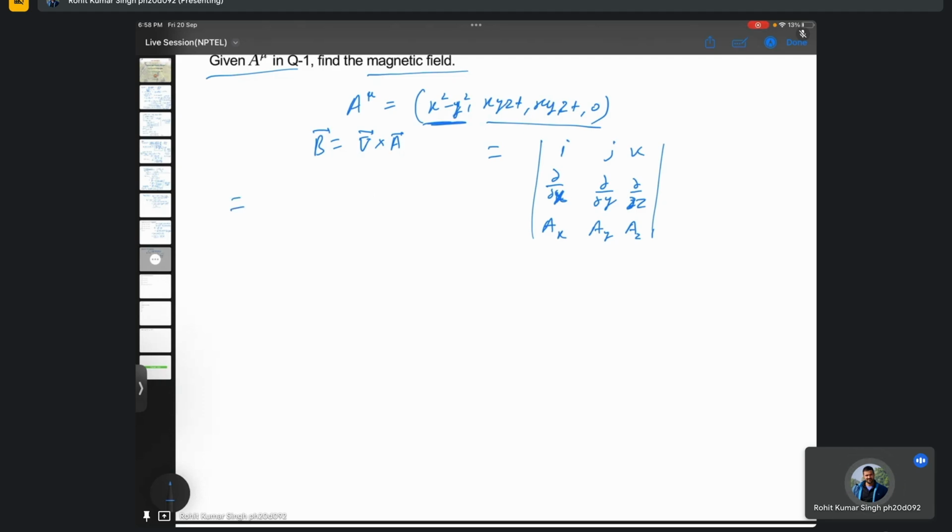But yeah, it's a good practice to first take this determinant and then write it. So for the x component we have del az by del y minus del ay by del z. So we have to put direct values of x, y, and z. Yeah, I mean you can also do that if you don't want to go through it. Okay.